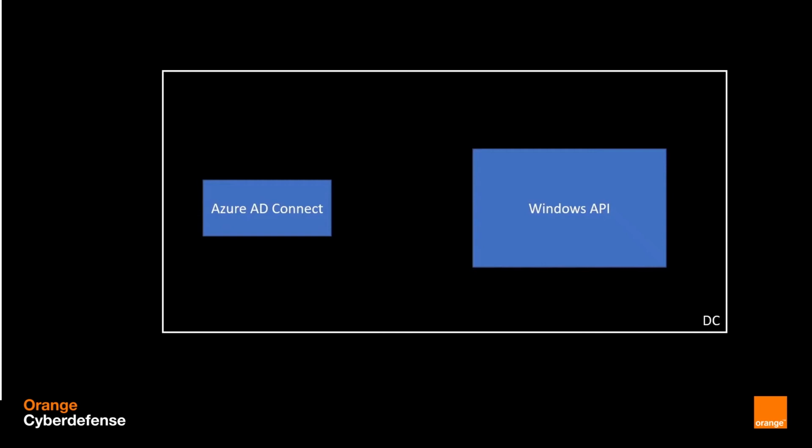So let's have a look at the functionality of the process. At first, the attacker needs to understand how the authentication process works. The tool Azure AD Connect is a program running on the domain controller. It initially receives an authentication request from Microsoft Azure.